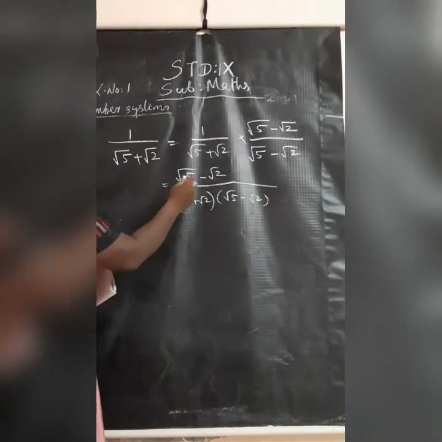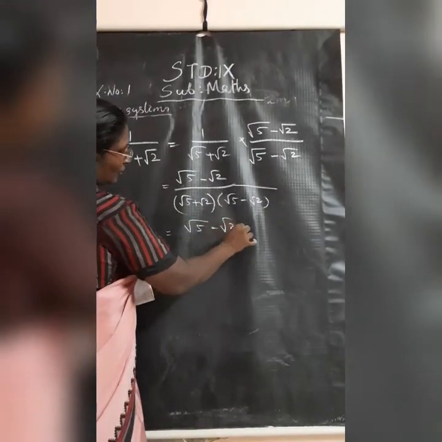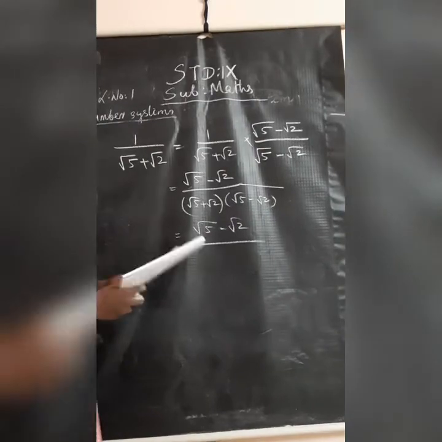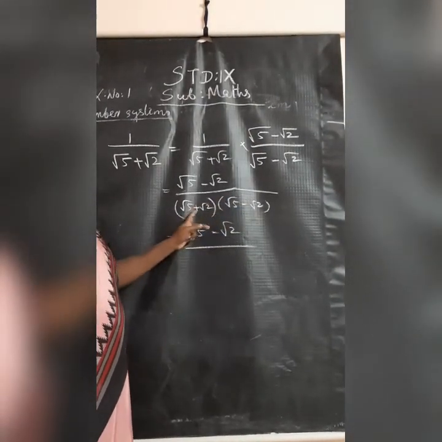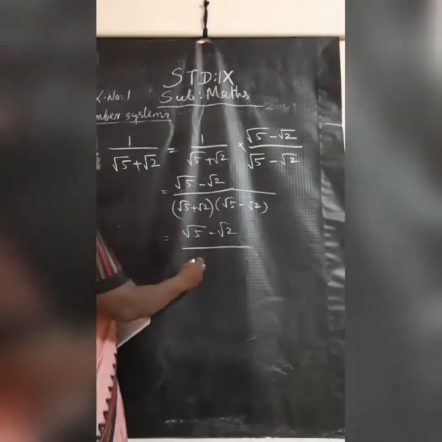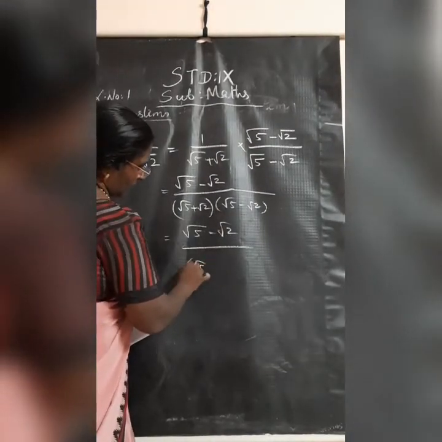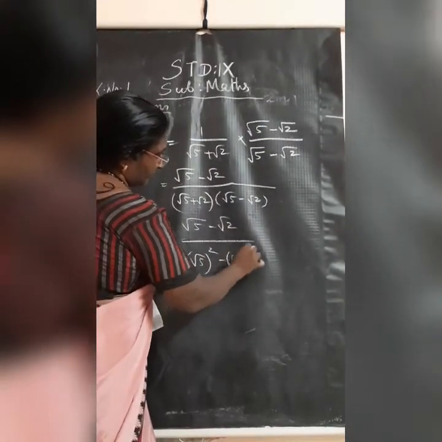Okay? So that is equal to root 5 minus root 2 over this denominator. Listen, first term same, second term same, only the middle sign changes. So it is a plus b into a minus b form, so root 5 the whole square minus root 2 the whole square.